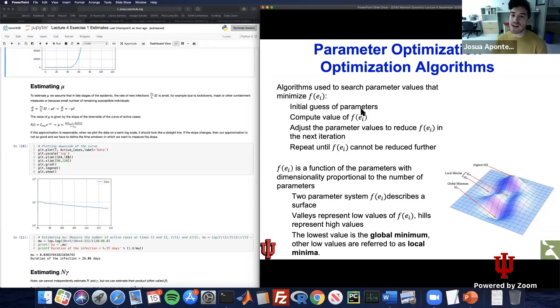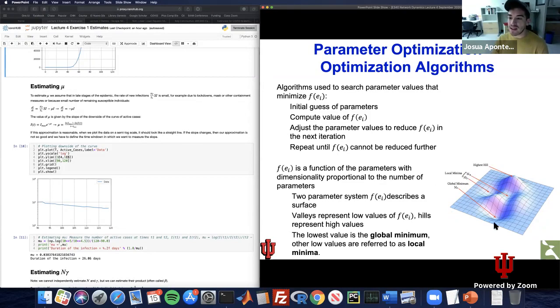And then it keeps repeating this process until the function cannot be reduced further. This function is a function of the parameters, right? So it has a dimensionality that is equal to the number of parameters.